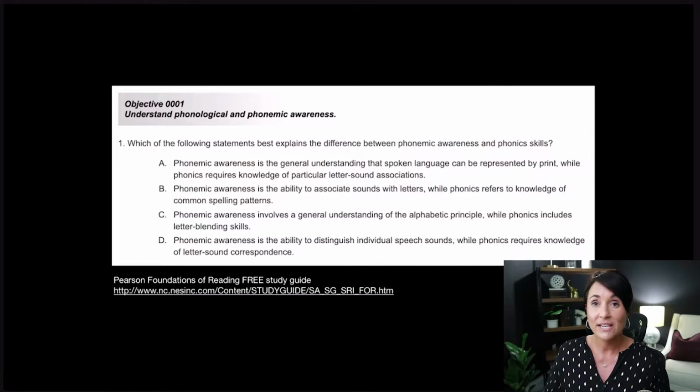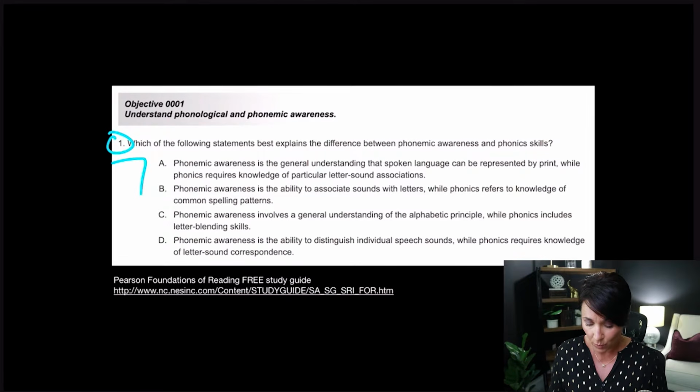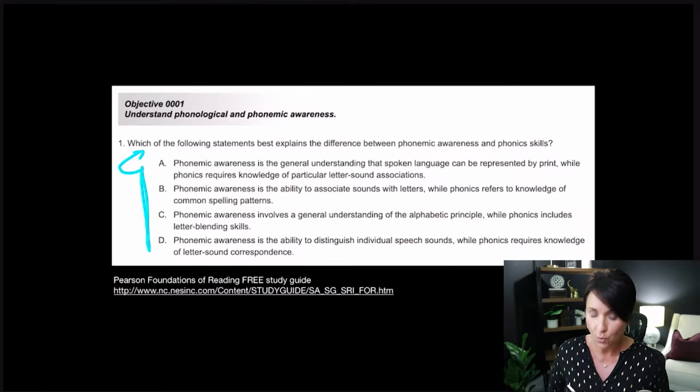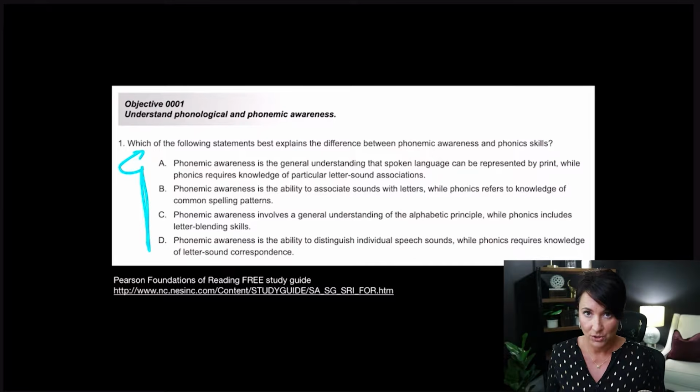Now, if you've seen any of my strategy videos, you're going to think like a test maker and work backwards from this question. You're not going to start at the question and work your way down to the answers. You're actually going to start at the answers and work your way towards the question, because otherwise you can get lost in the question.